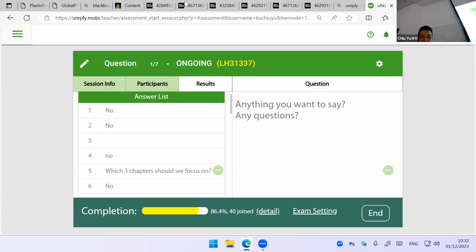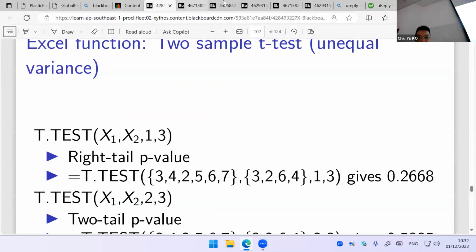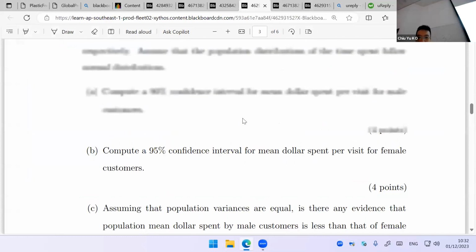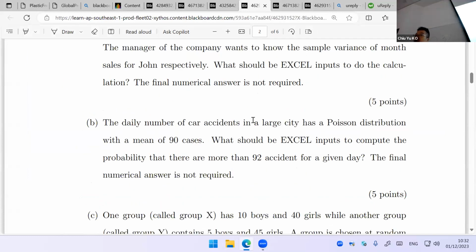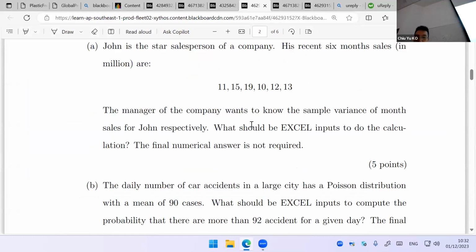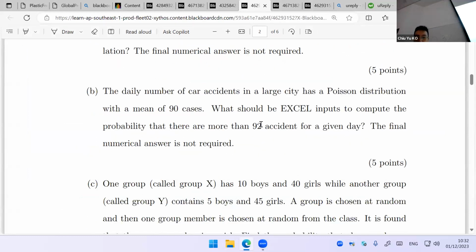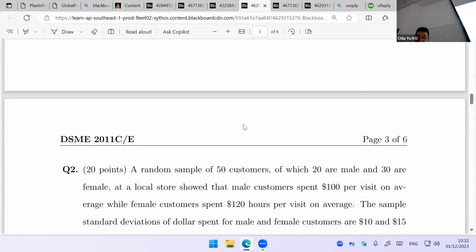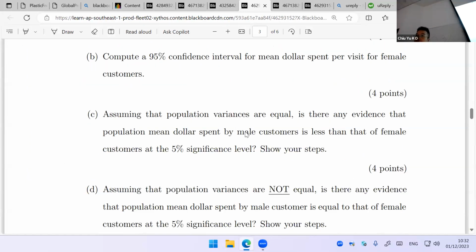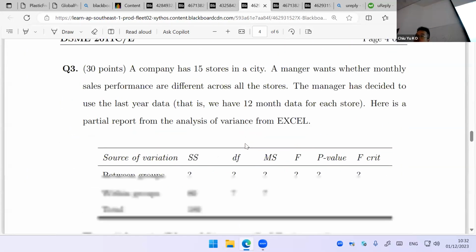No, right? I have 3 questions, but it's not 3 chapters. This question A already includes many chapters: you have probability, random variable, summary statistics, so 3 chapters here. And also we have estimation, hypothesis testing, ANOVA.